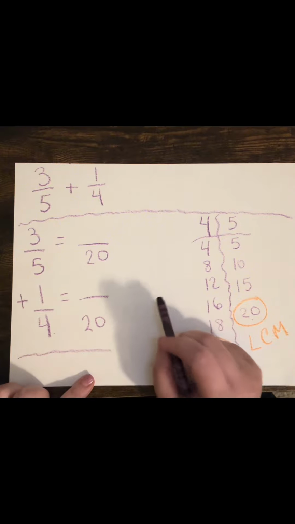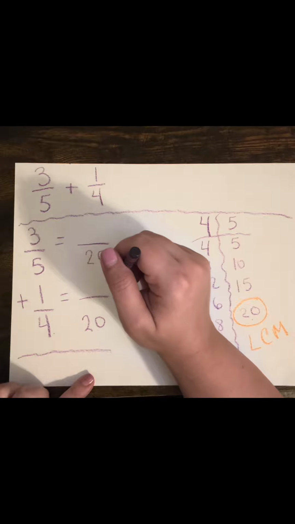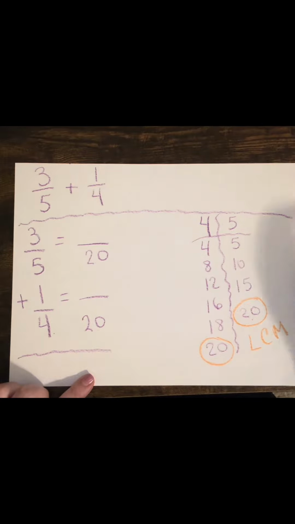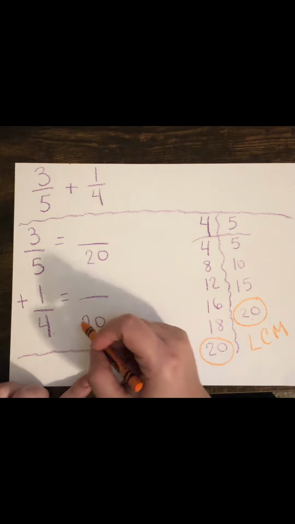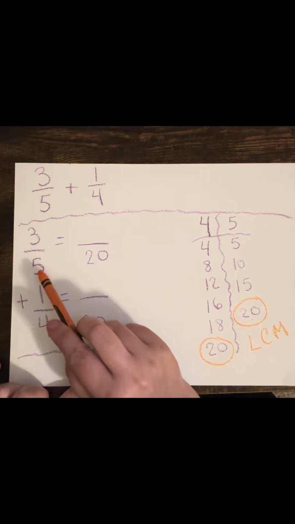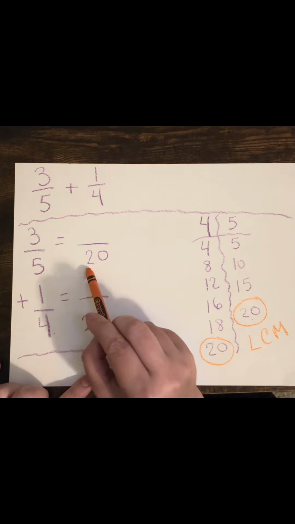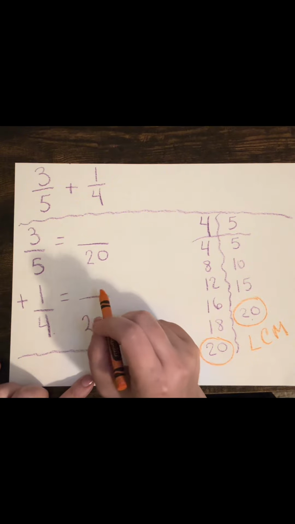So look over here, we're missing some numerators. We're missing the top numbers, right? So how do we get our new numerators? So I'm going to show you. So let's look at our top fraction, 3/5. And let's see, our original denominator is 5, and we created a new denominator of 20. So we're going to ask ourselves, how do we get from the 5 to the 20? It's always going to be with multiplying.